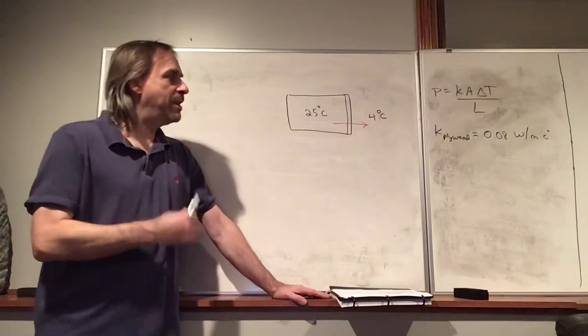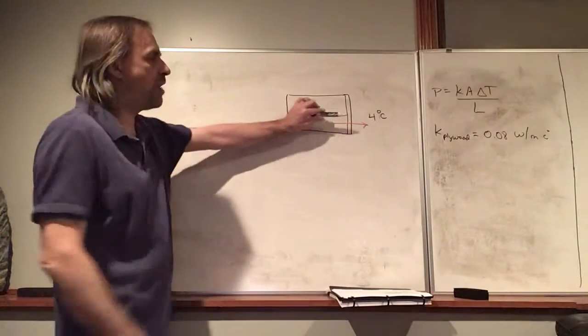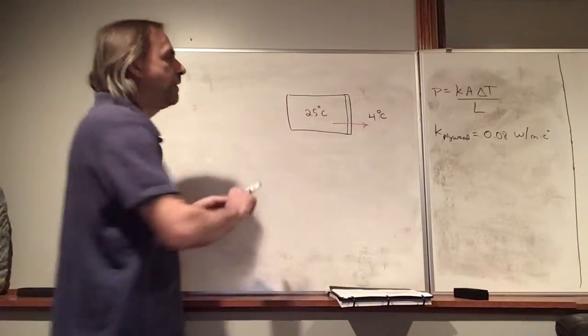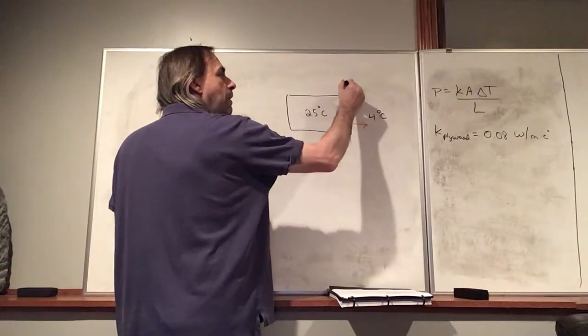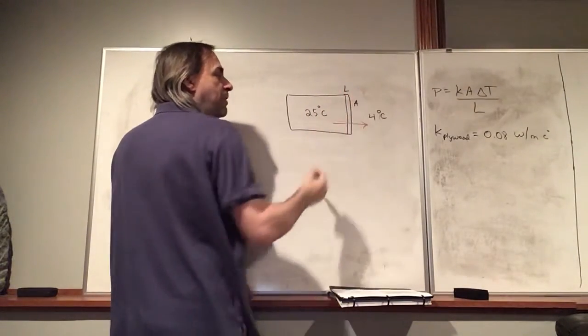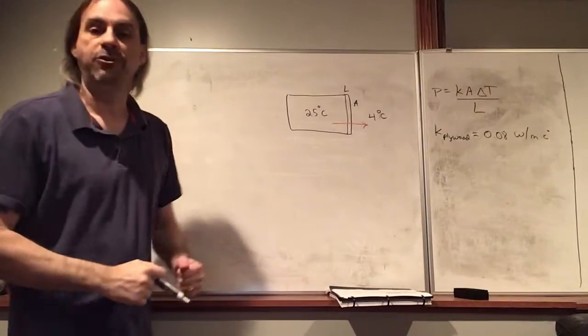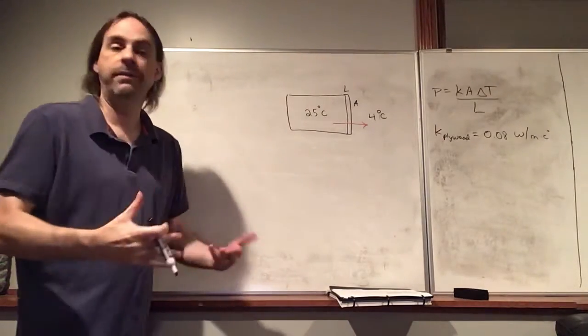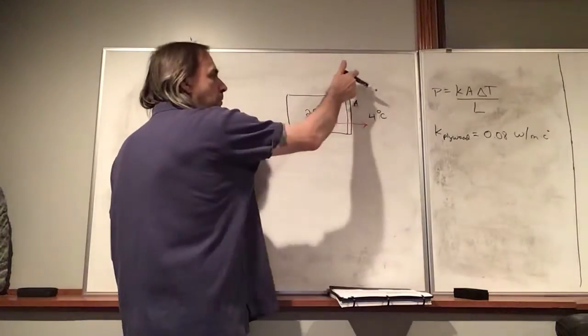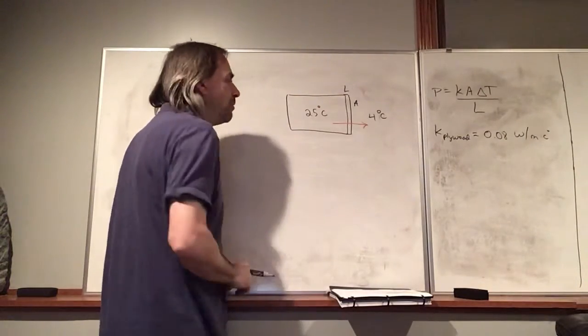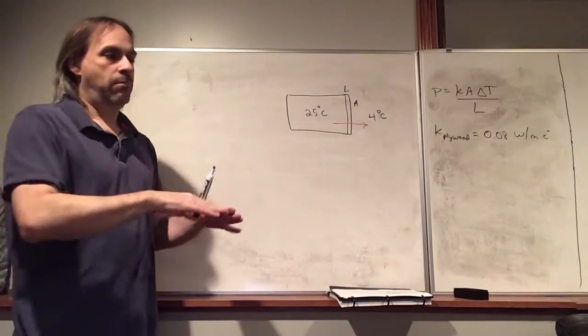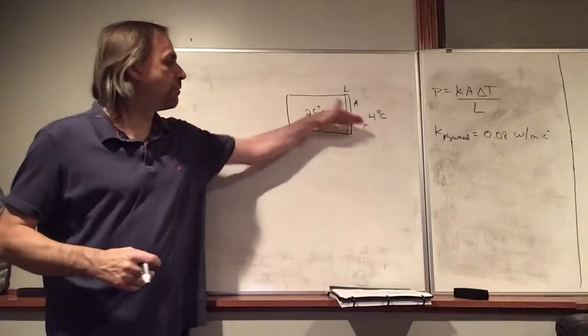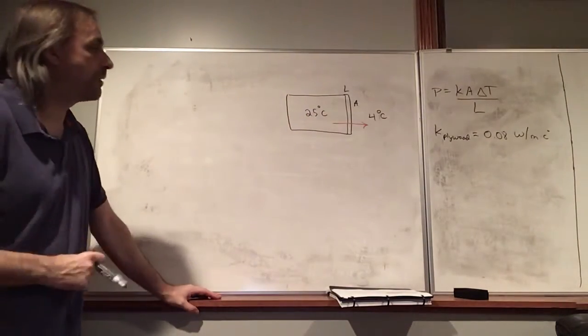But again, just to be clear, we look at the direction heat is flowing, and the length would be the thickness of the wall, and this cross-section area would just be the dimensions of the wall, like length and width. Well, I'm using length in two different senses here, but like the X and Y, and then this one is what's passing through it.